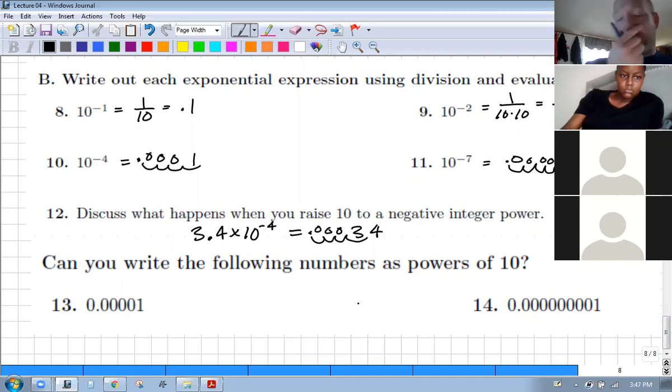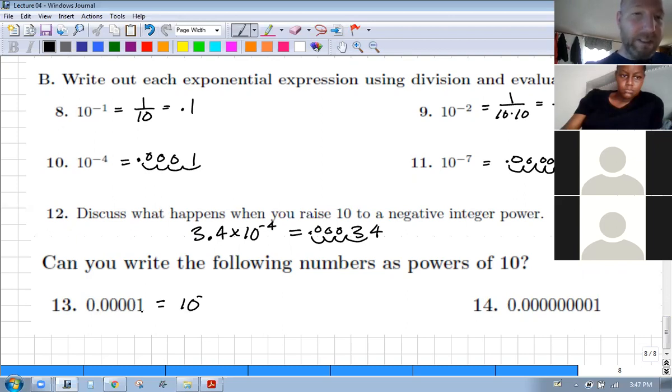Okay, so we're aiming to get to scientific notation. We don't like to work with numbers like this. We prefer to write them like that. Does that make sense? Yeah. Thank you. Okay. For the meantime, we're just dealing with 1s here. So this one here would be 10 to the negative what?